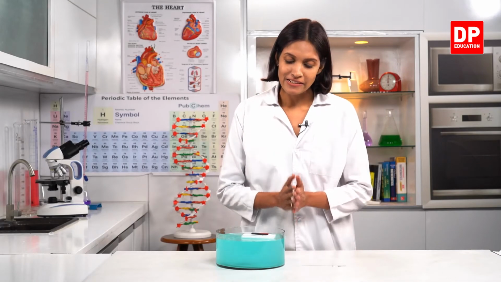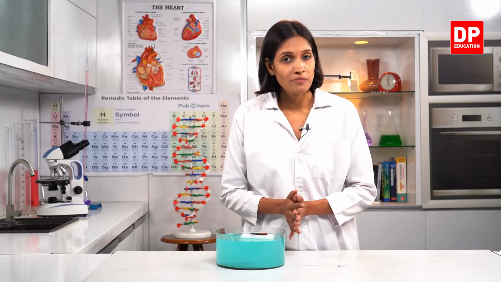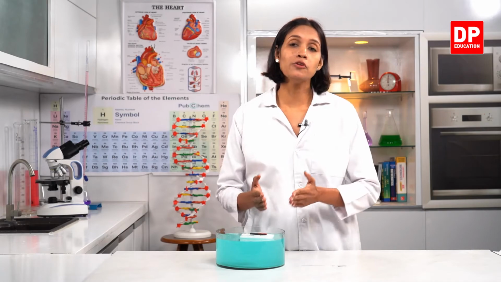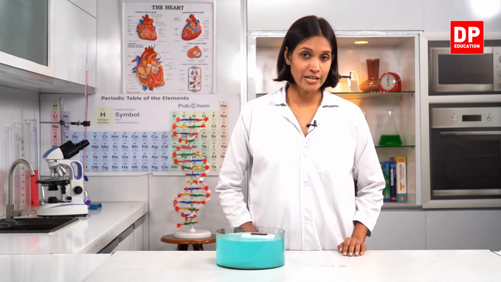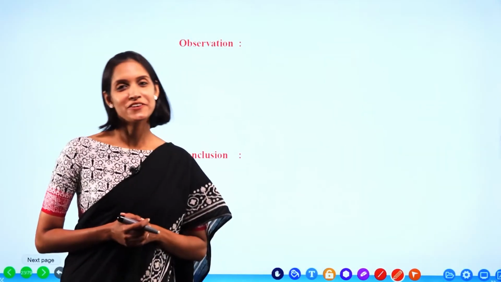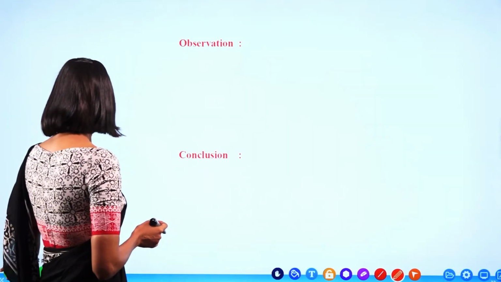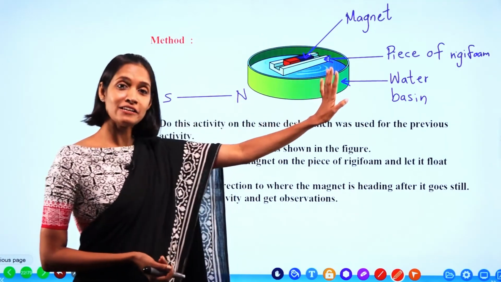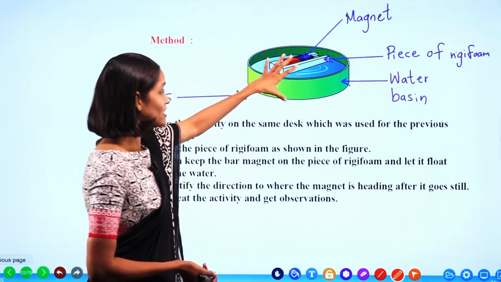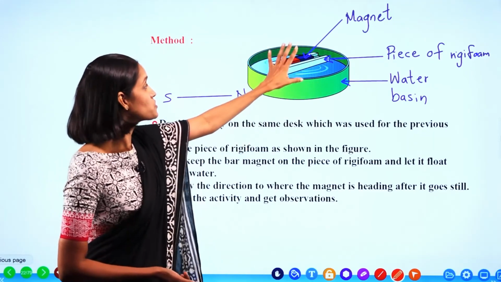So it's very clear the magnet has a special behavior of facing the north pole towards the north direction and the south pole towards the south direction. Right, children? So you observed what happens, right? We used a piece of rigiform with a magnet like this, and when it was floating and became still, you saw what happened.